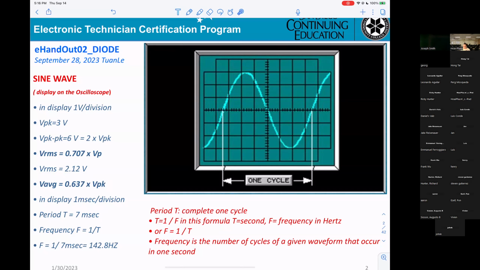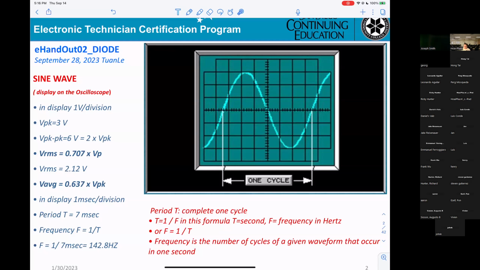display 1 millisecond per division. If you're going from left to the right, 1, 2, 3, 4, 5, 6, 7, 8, 9, 10 divisions. That's for the time. Okay? Up and down is for the amplitude or the voltage.